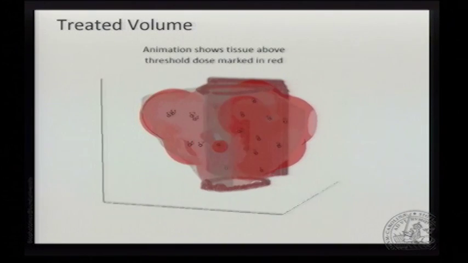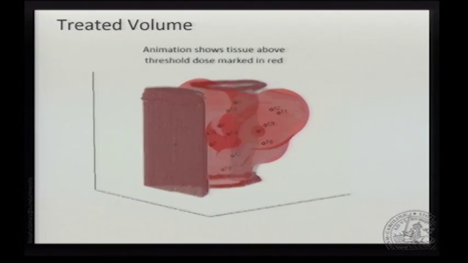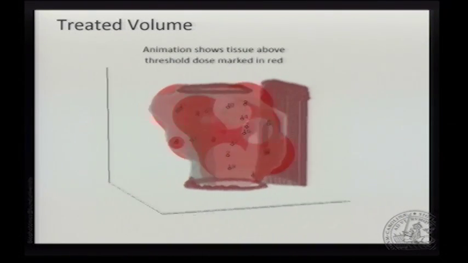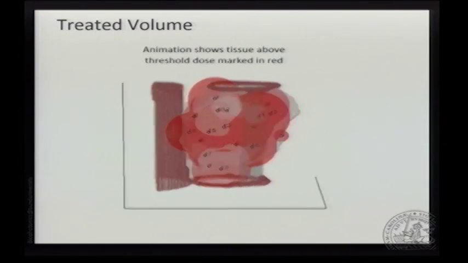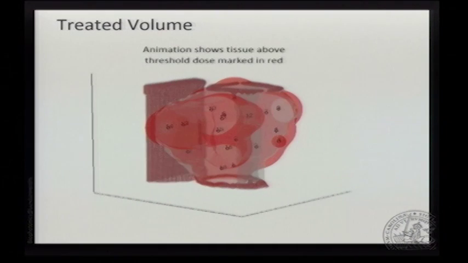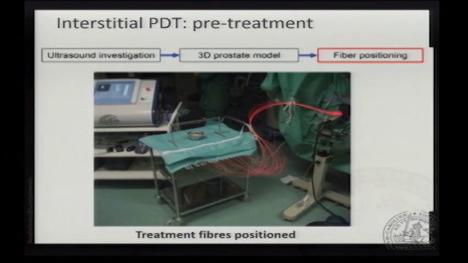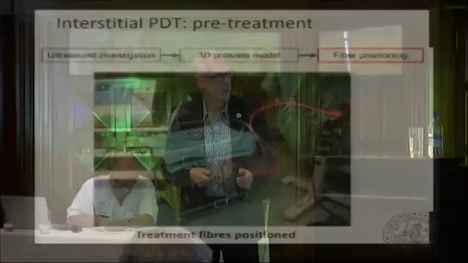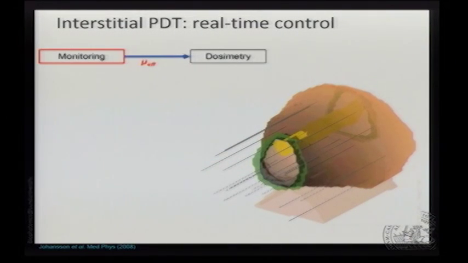In optimizing that, you get a number of positions like this, where you aim to place the fibers. You do that very similarly to brachytherapy, using the same type of template, trying to place the fibers as accurately as you can according to these positions.